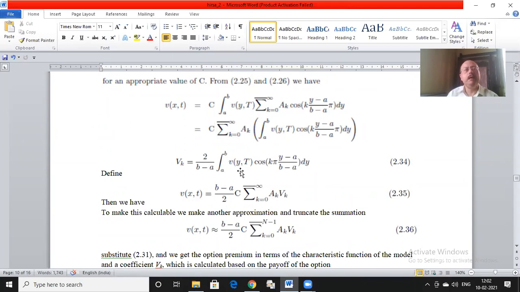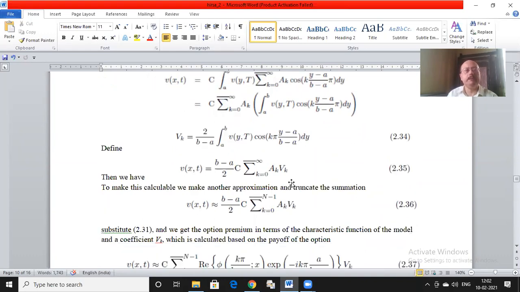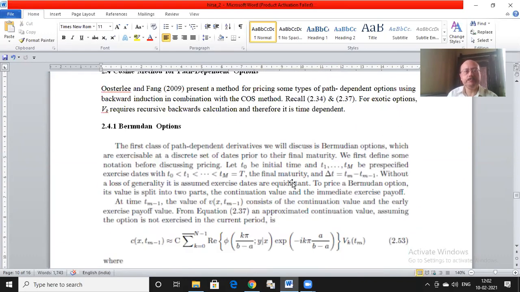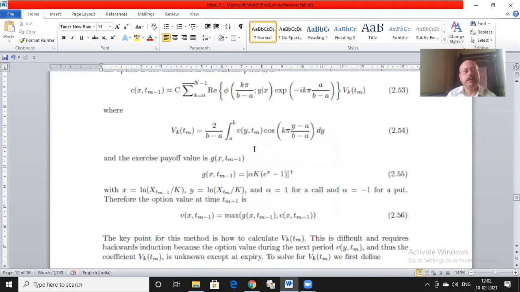Only now the calculations will be based on the remaining time instead of capital T. Actually, this is a wrong notation. I will correct it later on. So this should be capital T minus Tm.